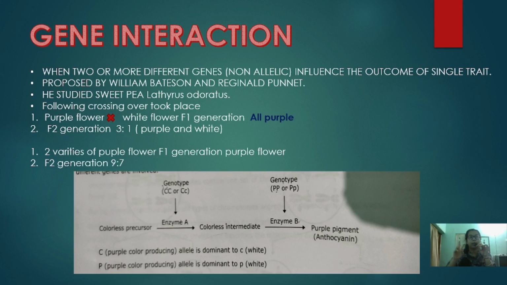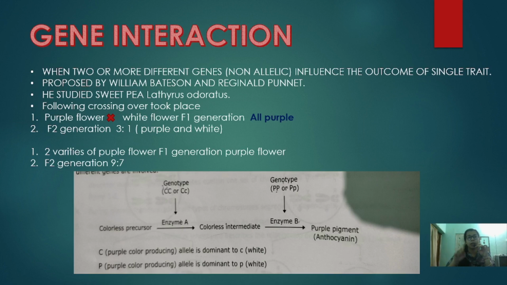For example, for height, the allelic pair are capital T, small t, and for the shape of the seed, the alleles are capital R, small r. These capital T small t and capital R small r are two non-allelic genes.